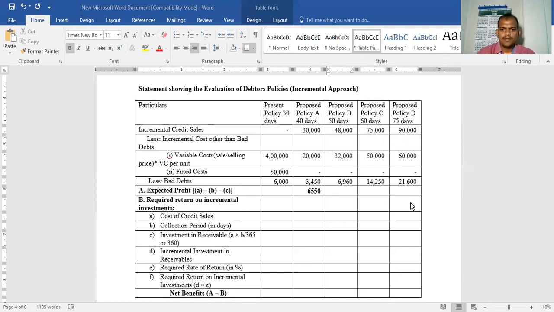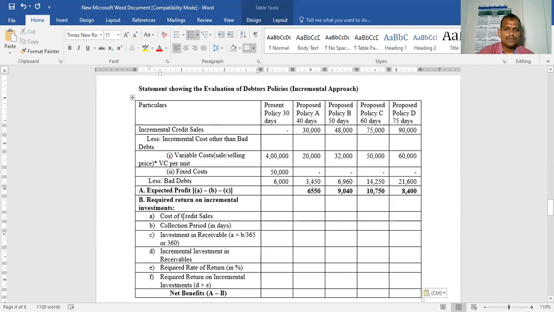And 9,040. 10,750. And 8,400. Now we have to calculate the required return on incremental investments.